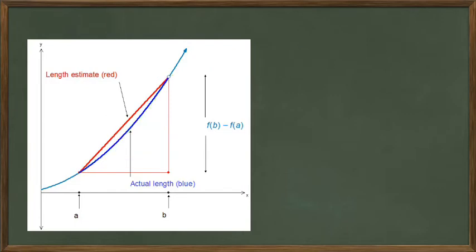And we're going to approximate this length along the curve by the length of the hypotenuse of a triangle. So we're going to assume that we can use the distance formula.